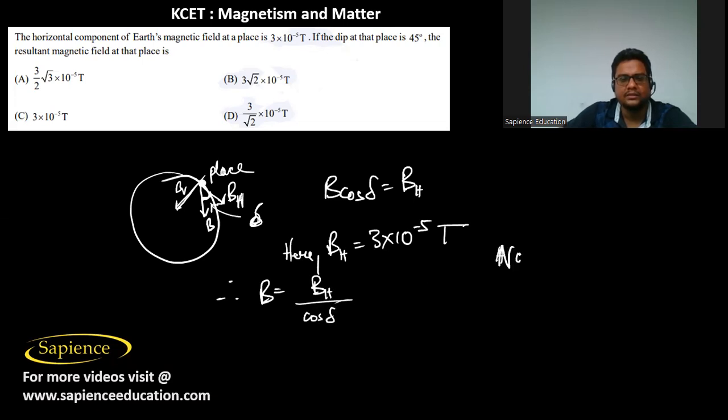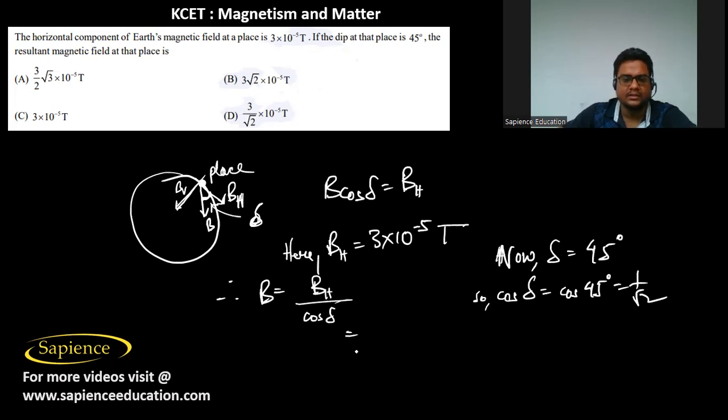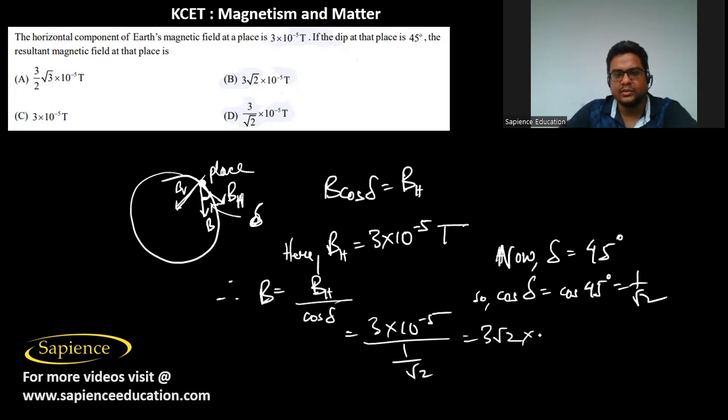The dip angle delta is given as 45 degrees, so cos delta is cos 45 degree, which is 1 by root 2. So the resultant magnetic field is BH by cos delta, which is 3 root 2 into 10 power minus 5 Tesla. So option B is the correct answer.